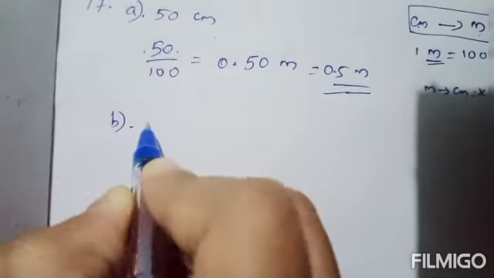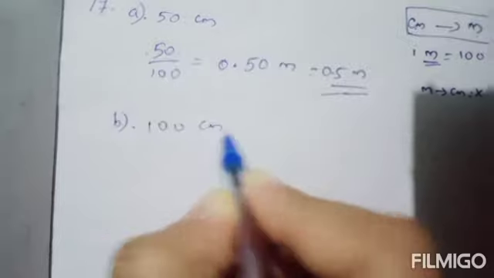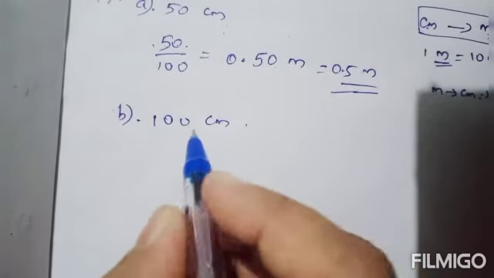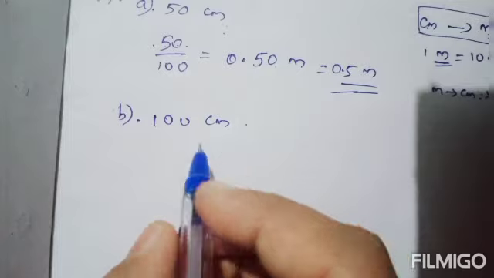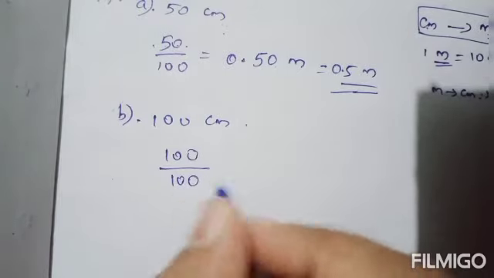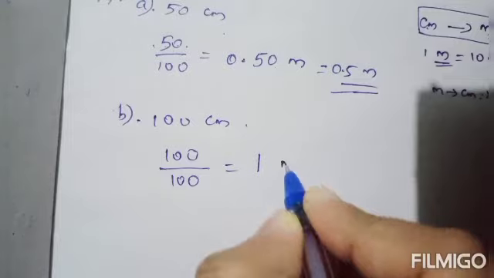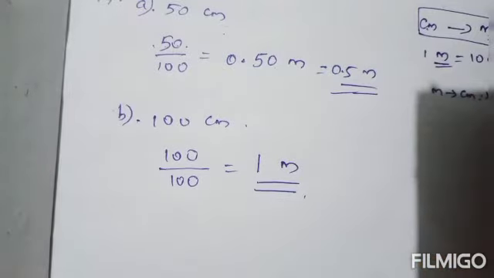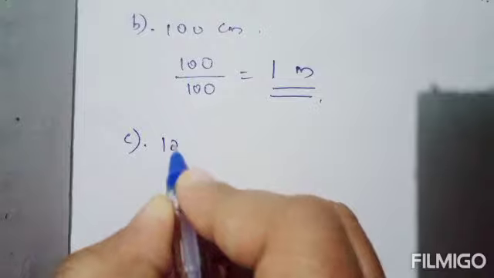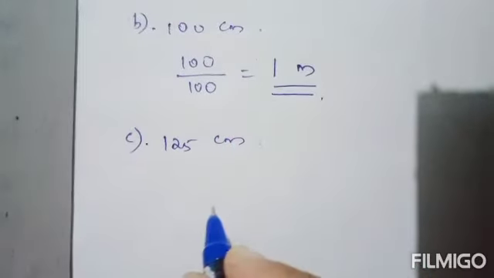Next B, 100 centimeter. In order to convert centimeter to meter, just divide by 100. So 100 by 100 is 1. So 1 meter is the answer. Okay. Next C, 125 centimeter.